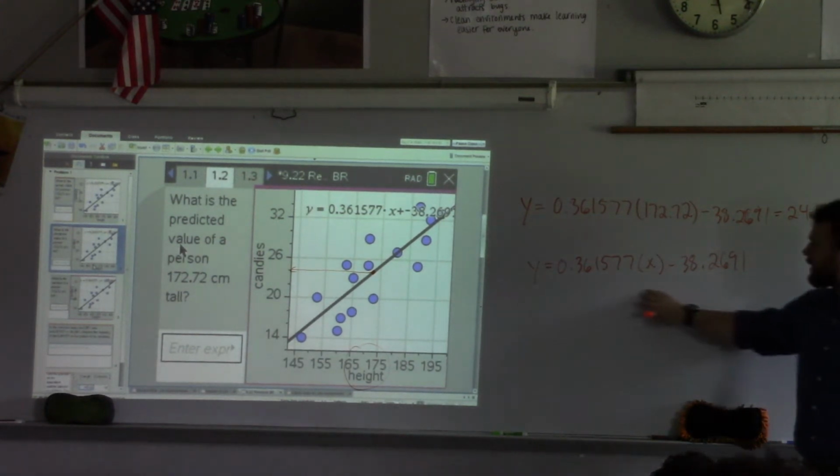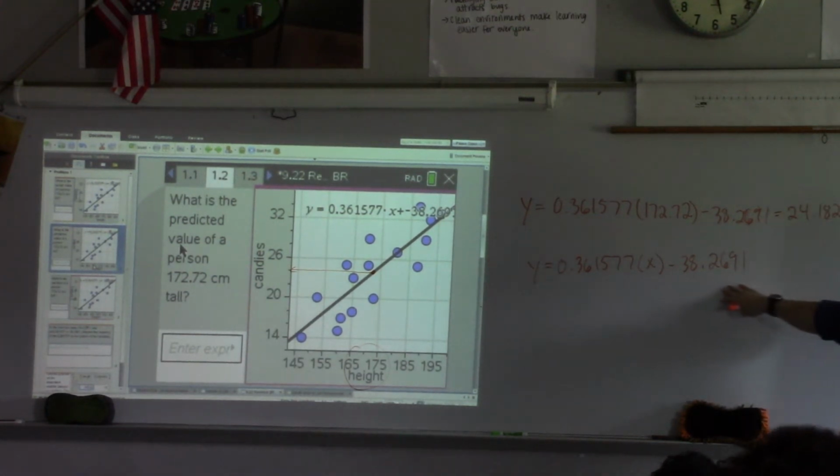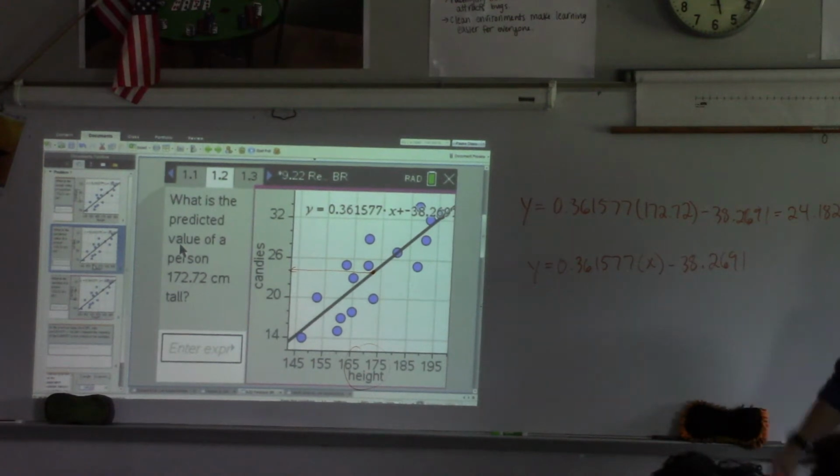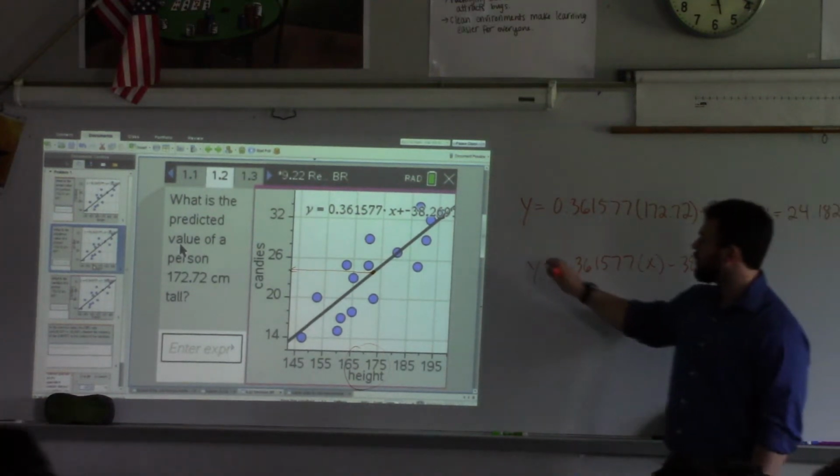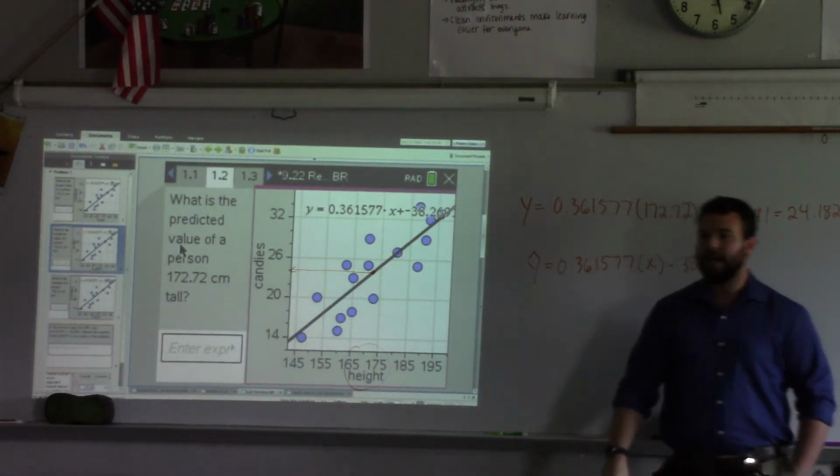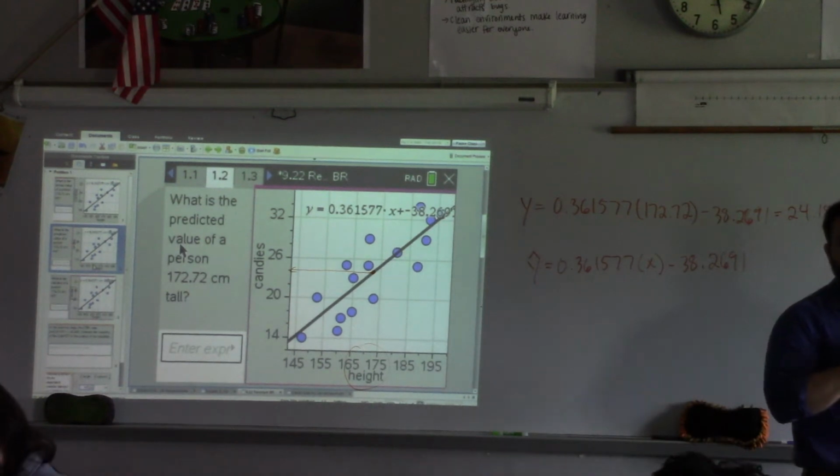Now, I want to point this out. Here is the equation, right? There's one thing I'm missing from this equation since it's supposed to be a regression equation: the hat. Remember, on this y there's supposed to be a hat. What does that hat represent for the regression?